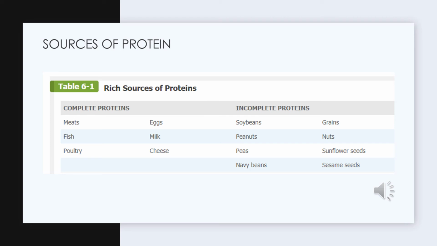Our incomplete protein comes from soybeans and peanuts, peas, all those different kinds of things. So if you were on a vegetarian diet where you did not eat meat, you can get protein from these other sources. They're just not as high of a quality as what you would get from an animal source.